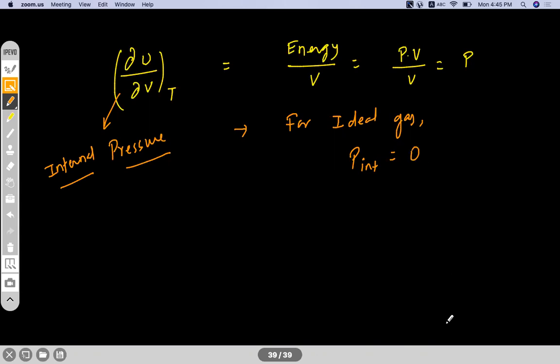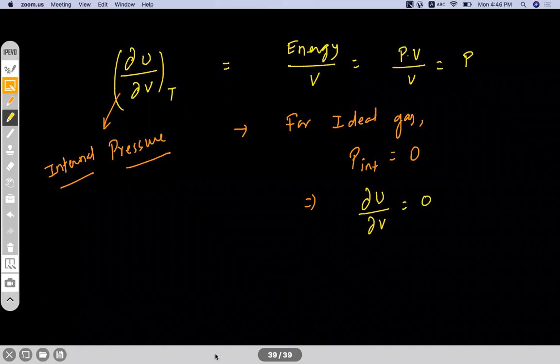We have discussed, there is no interaction in the ideal gas. We do not have any interaction. Correct. So internal pressure is zero, which further means this dou u by dou v is equal to 0, as it is the expression of internal pressure.